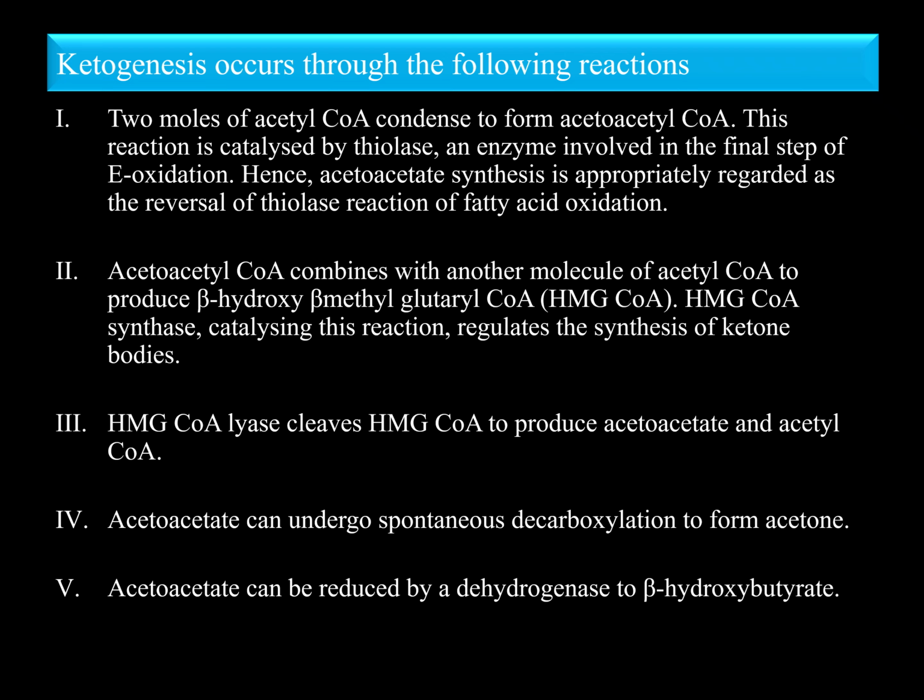The acetone is volatile and can escape. We see a fruity breath may occur during ketosis. The important point is that ketone bodies are produced mainly by the liver, but the liver itself does not use them much. They are exported to other tissues.